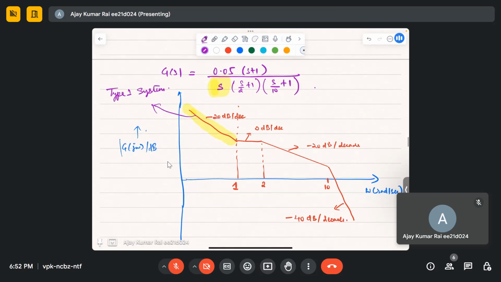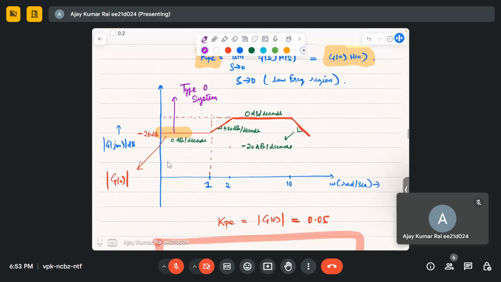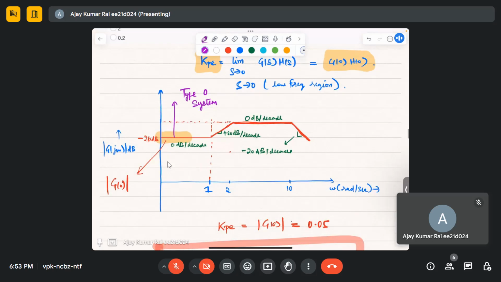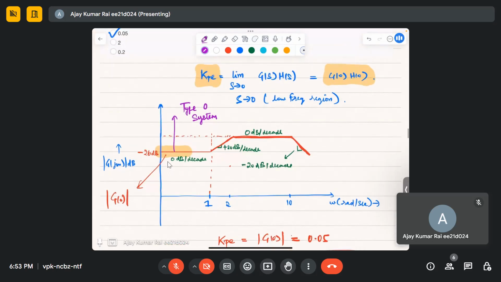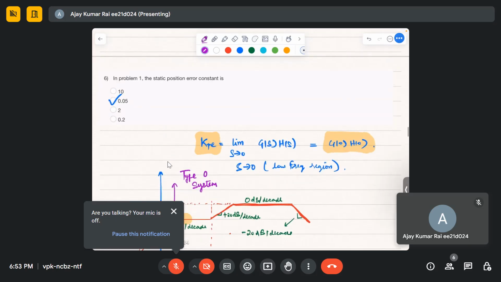So for a type 2 system, you will have an initial slope of minus 40 dB per decade. Then you will have an s squared term. So our question is regarding this. So Kpe, the position error constant, we have found just by looking at the Bode plot, which is equal to 0.05.